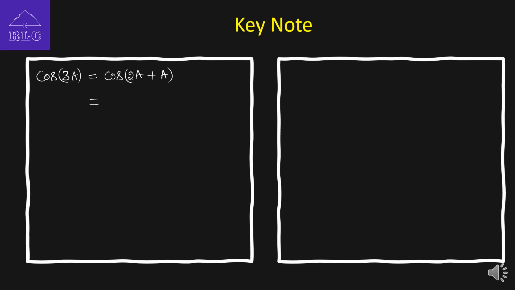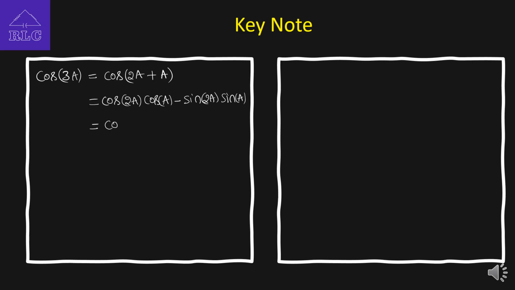So if you expand this, what happens? Cos 2a into cos a minus sin 2a sin a.